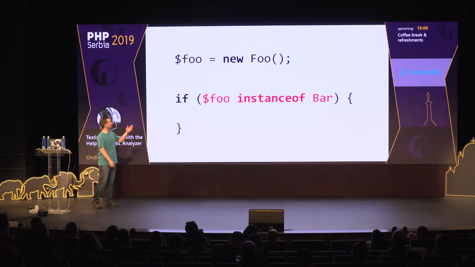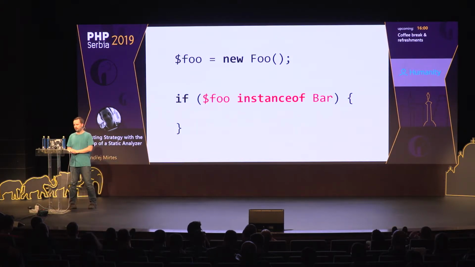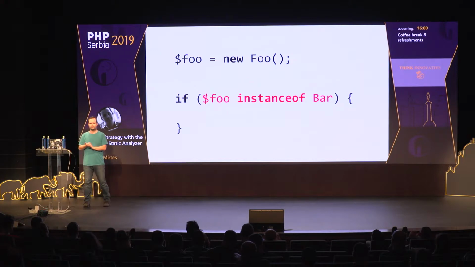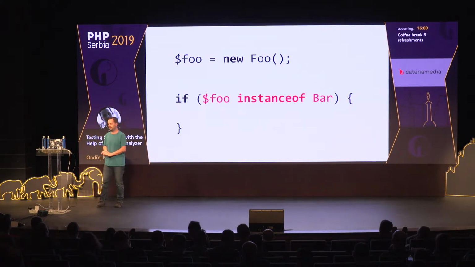So unless Bar is an interface or Bar is a parent class of Foo, this condition will never run, and PHPStan will tell you about it. And there are many more kinds of errors that people usually make in their source code, like unused closure uses, unused constructor parameters, which can all be fixed if you employ a tool that tells you about it.